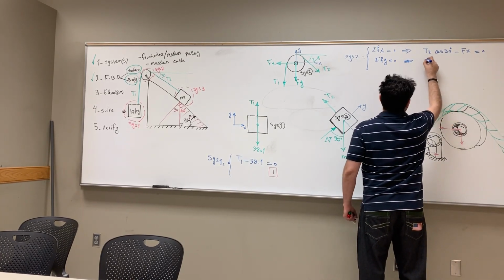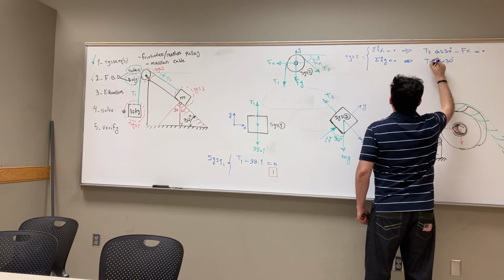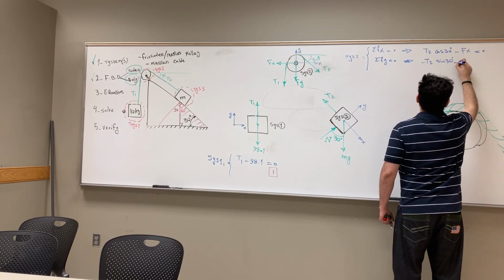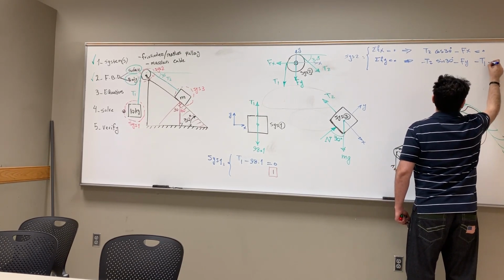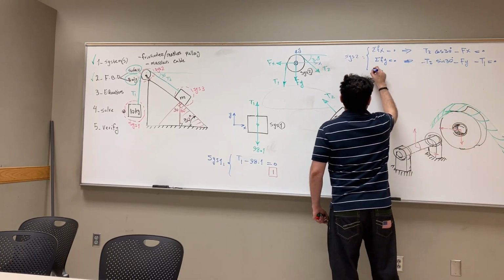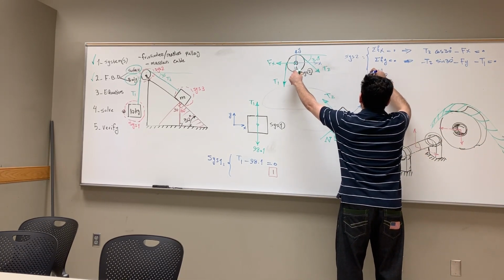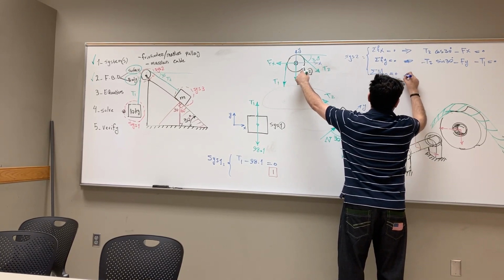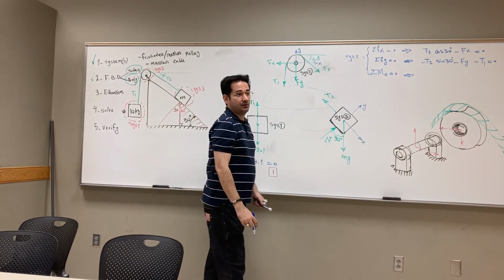That's going to be T2 sine 30 negative Fy negative T1 is equal to 0, and summation of moment around the center O is 0. So let's work on this last equation together.